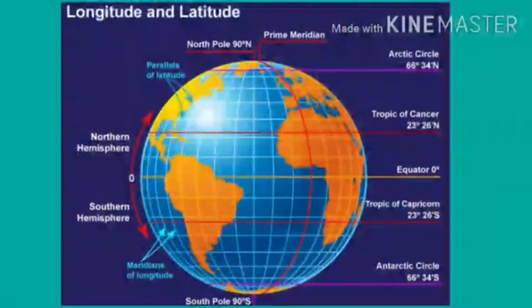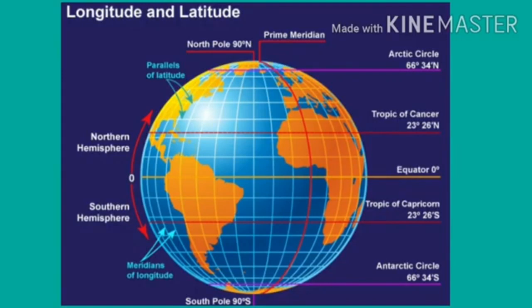Children, some latitudes have special names. What are they? Yes, there are 4 important latitudes. See children, look at the image. What are the 4 important latitudes? Yes, see, Tropic of Cancer. Where is it located? Yes, it is located on the north side.